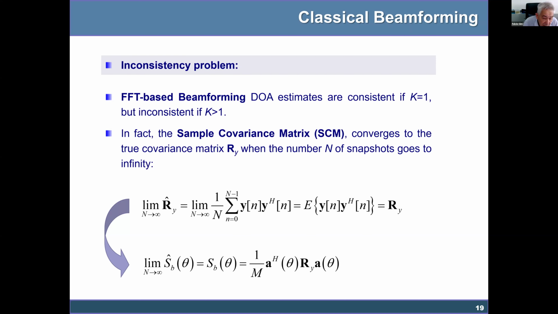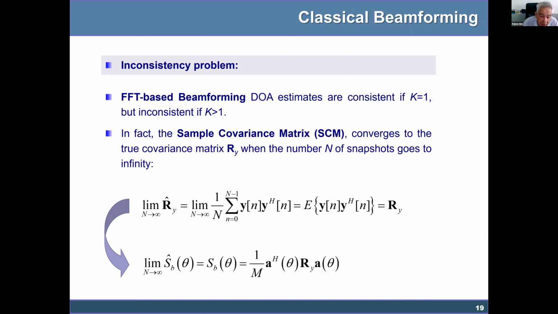A good thing of a Euler array is the fact that the output can be efficiently calculated by using the FFT. If the array is not Euler, you can't use the FFT, and so the computational complexity is greater. So when we talk about FFT-based beamforming, it refers to Euler arrays because it is possible to use the FFT only for Euler arrays.